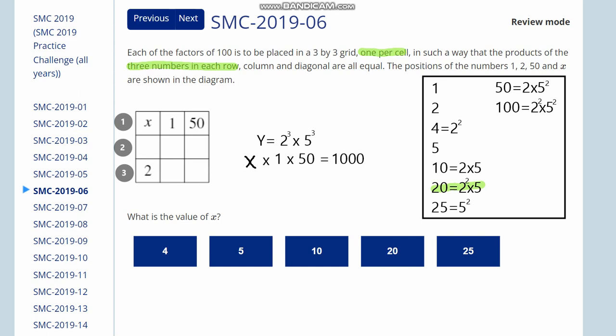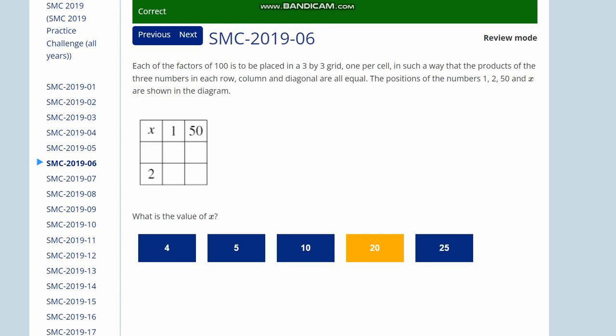To some people this method may be a bit easier and help them save on time, but either method works. Regardless, we get to the final answer of x being 20, as demonstrated here.